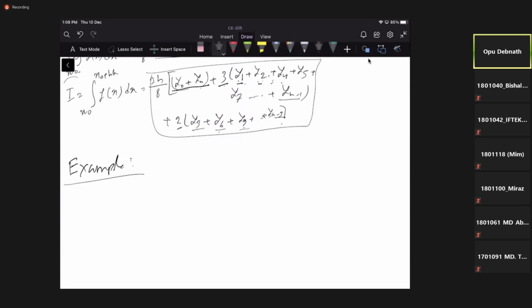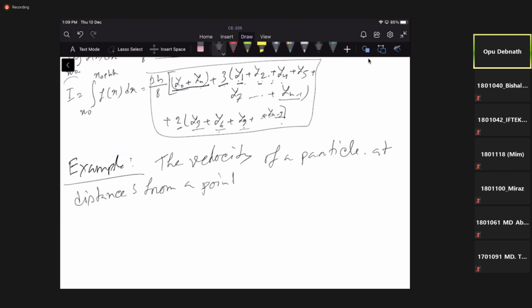So let's consider the velocity of a particle at distance s from a point on its path given.